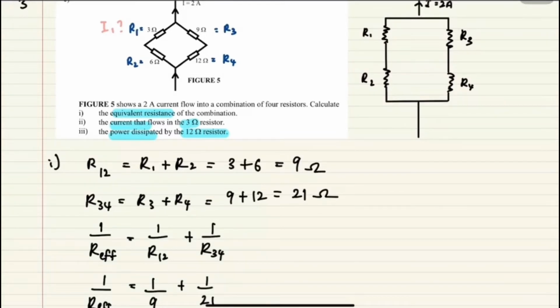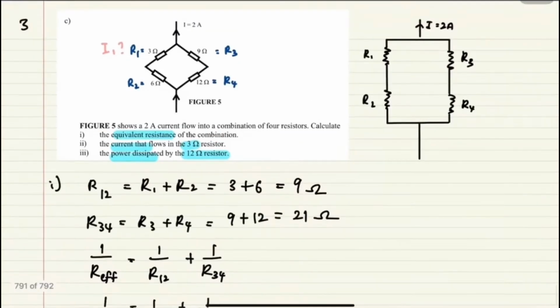Kamu nak kira I1? The easiest way, okay, kalau saya kira this one is the current from the circuit, I mean this one is like total current, and then if I assume that this is R effective, okay, so basically I can calculate V total ataupun V terminal.